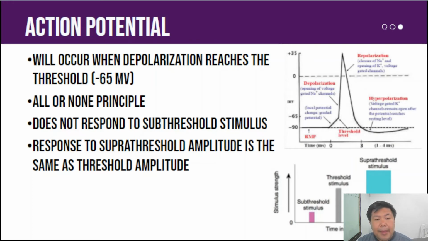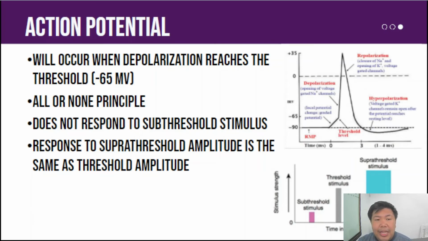Okay? But when you give it a threshold stimulus, enough to cause it to reach negative 65, and once the electricity reaches negative 65, pag enough na yung sodium na pumasok, then automatically, it will create an action potential. Diba? All or none.